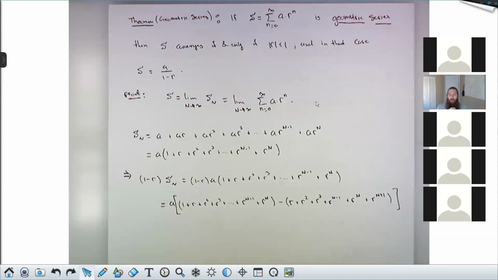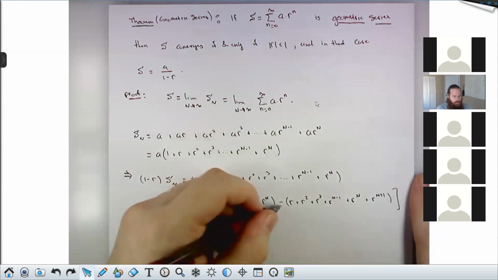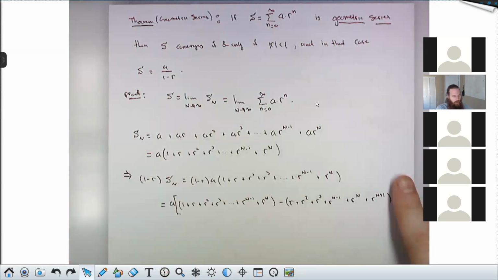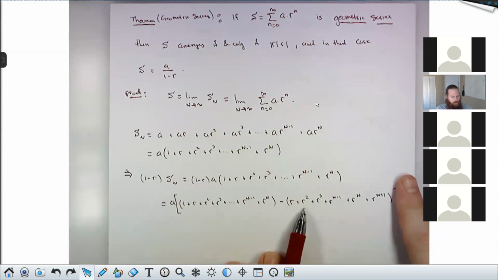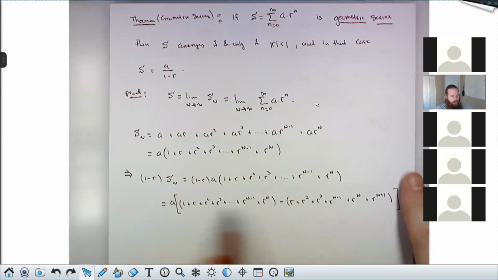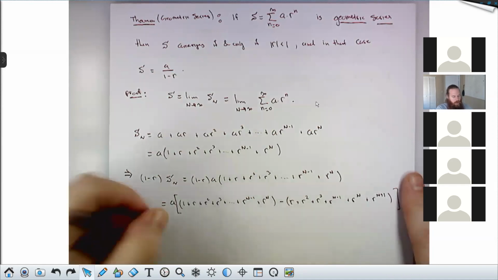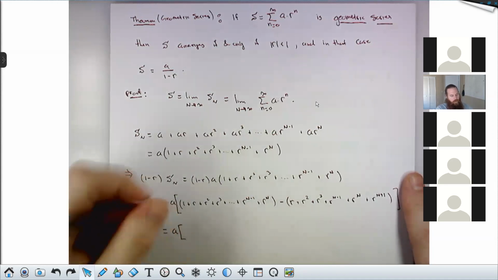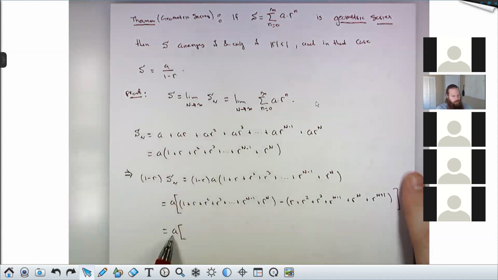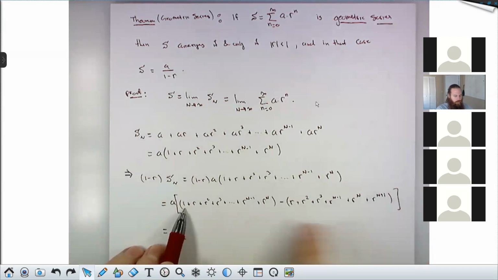And now something quite magical happens. I have here an r and then minus r. I have here an r squared and then minus r squared. r cubed minus r cubed. A lot of stuff goes away. So I have a times, this 1 never gets killed.